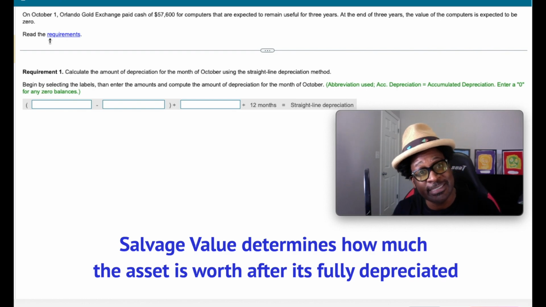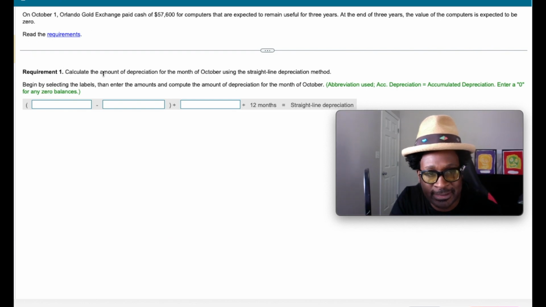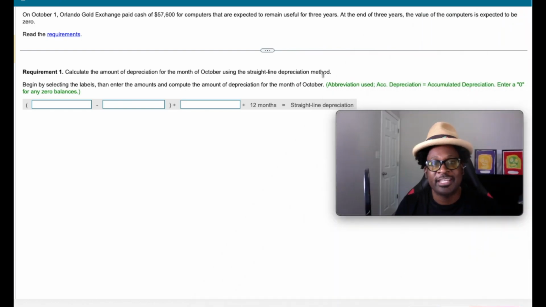So what does that really tell us? We're going to depreciate this asset fully throughout the 3 years. Requirement 1 tells us to calculate the amount of depreciation for the month of October using the straight line depreciation method. We have various different ways to calculate depreciation, gang, and we'll talk about those in later videos.